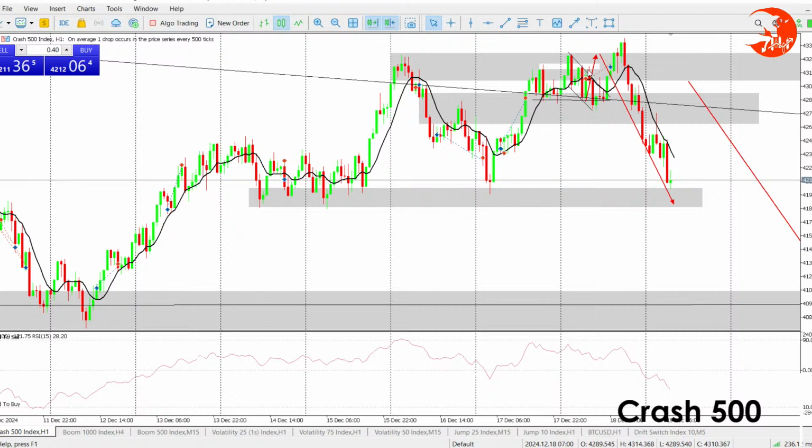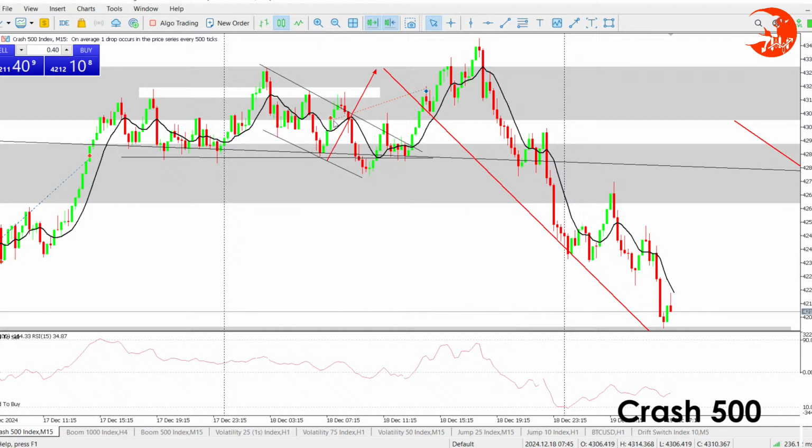Yes. So I sold from here. Let's go to M15. Sold it from here within this falling wedge, but I wasn't online to close it out when it reached this level.